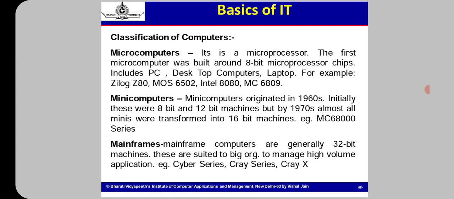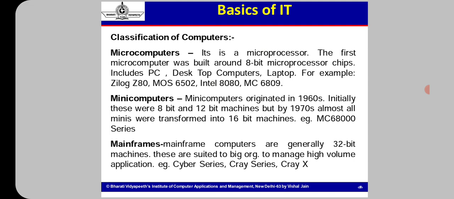Computers are classified into different categories. First one is based on their size, second one is based on their usage or application, third one is based on their purpose. Based on their size means mini computers, microcomputers, and mainframes.